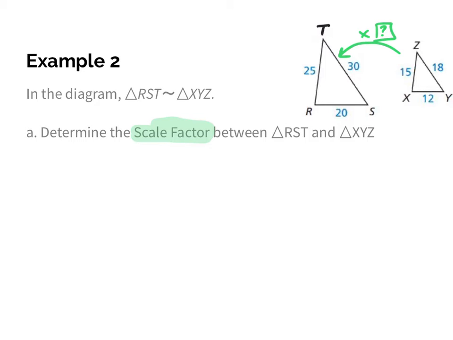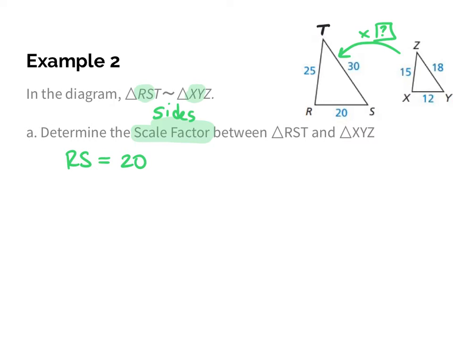So in order to find a scale factor, what we're going to use is our corresponding parts. So using that similarity statement, I just listed off a whole bunch of corresponding parts. If I want to find the scale factor, however, I'm going to look at the sides. So I'm going to choose a pair of corresponding sides. Using my similarity statement, let's say that I want to compare R to S and X to Y. I know that R to S from my diagram is equal to 20.